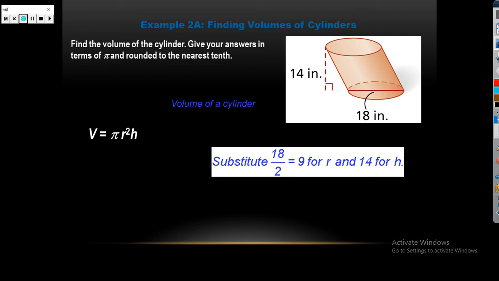H is 14 inches and radius is 9. So pi times 9 squared times 14, which is 1134 pi. And if we just substitute pi, it will be approximately 3,562.6 inches cubed. Okay?